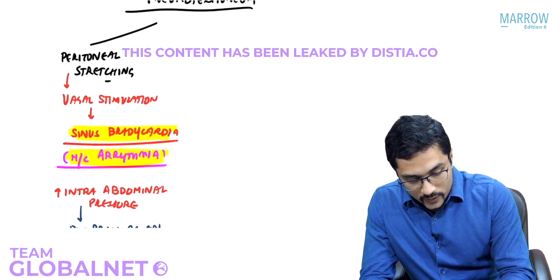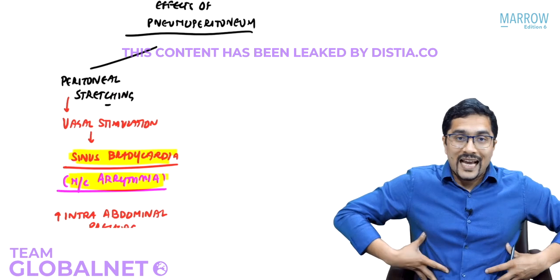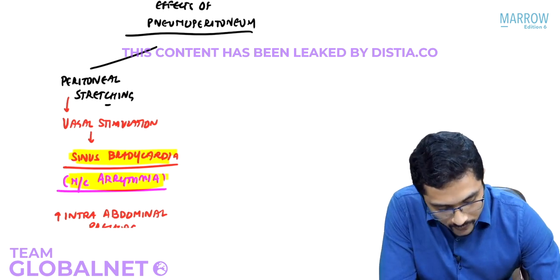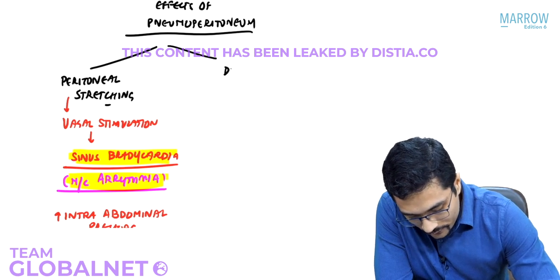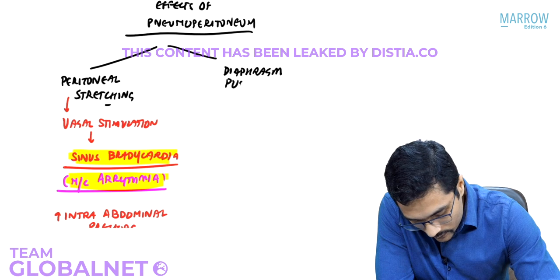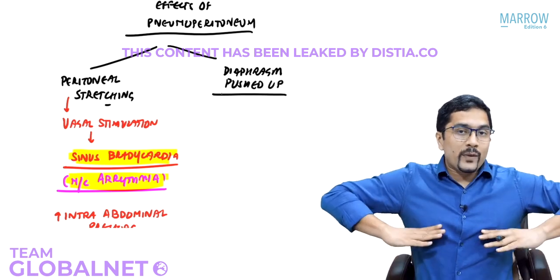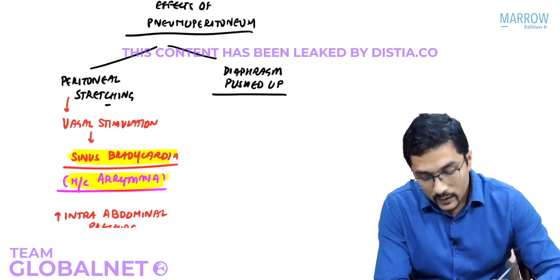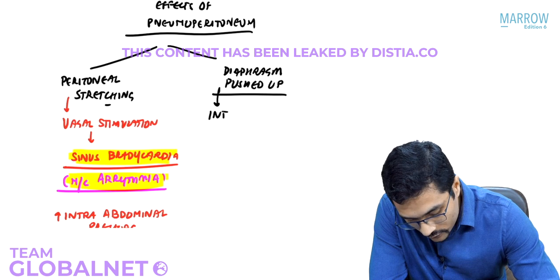Now, with pneumoperitoneum, when you have gas inside the abdomen, that's going to push the diaphragm up, right? Both the domes of the diaphragm are pushed up. Now, it's common sense that when the diaphragm gets pushed up, the thoracic volume reduces.